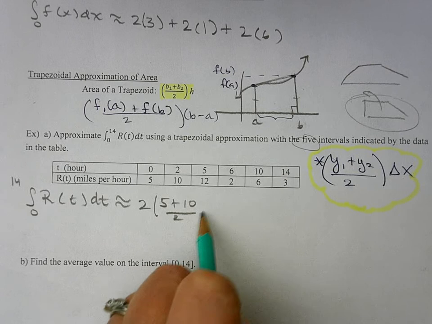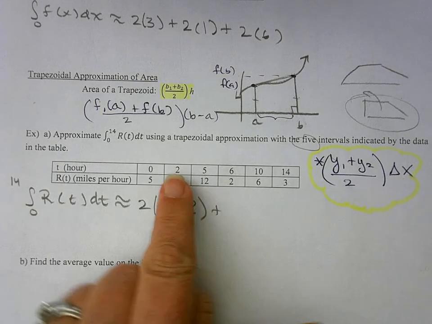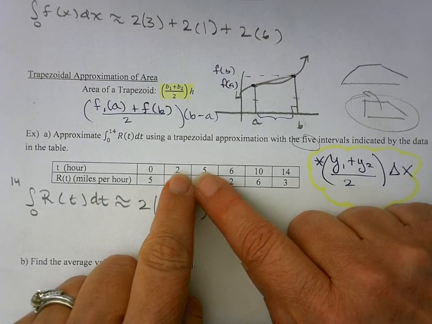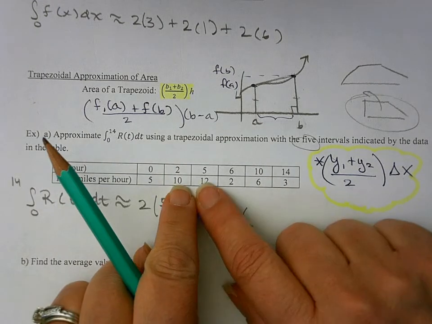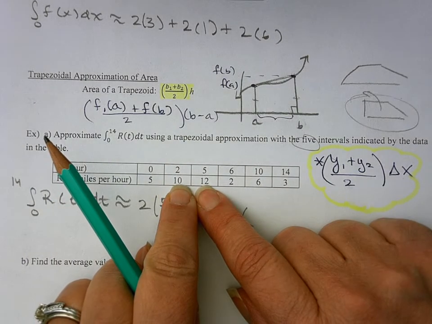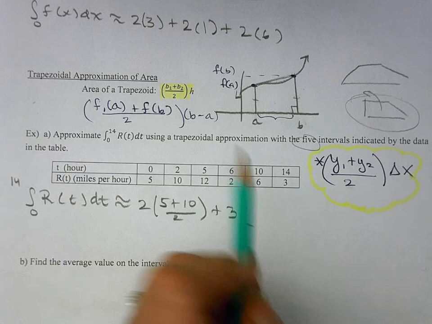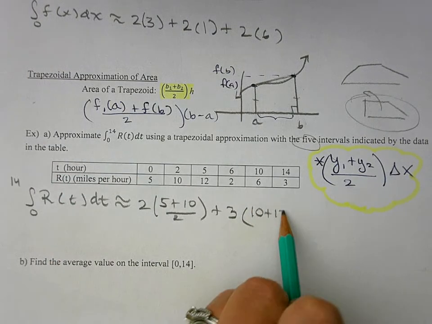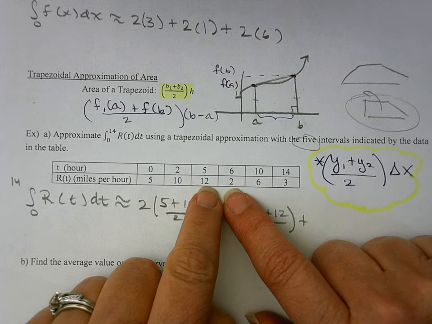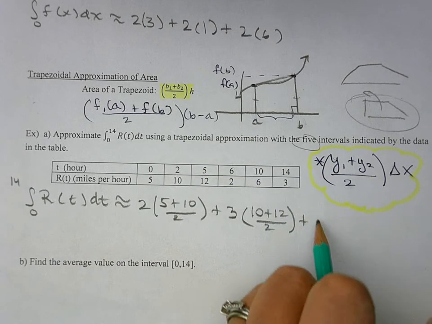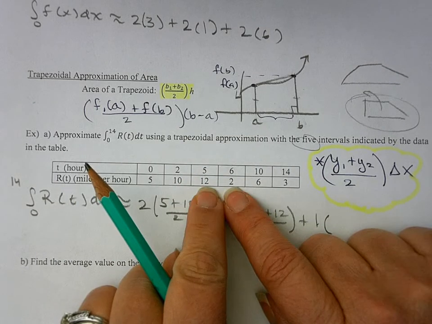Now I'm going to move on to the next one. From 2 to 5, that delta x is 3, and I have two y values here. Because I'm doing trapezoidal, I average the y values. Then the next section, 5 to 6, that would be 1, and I average the y values.